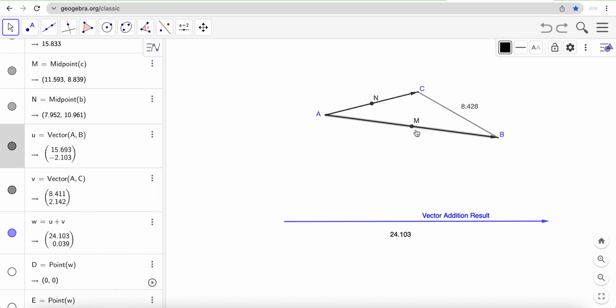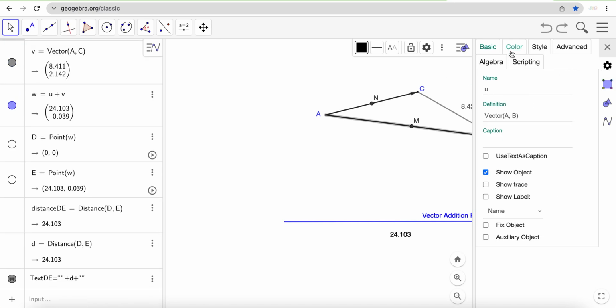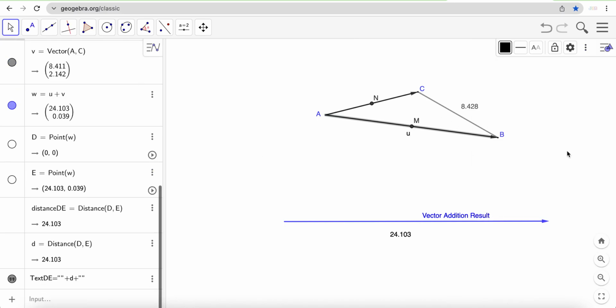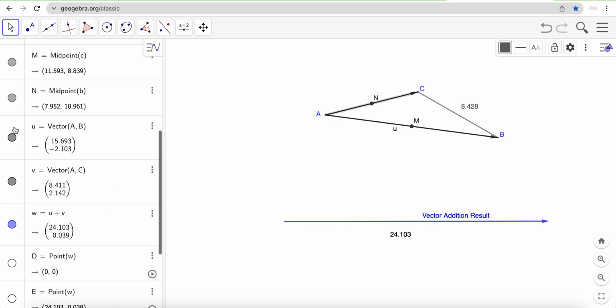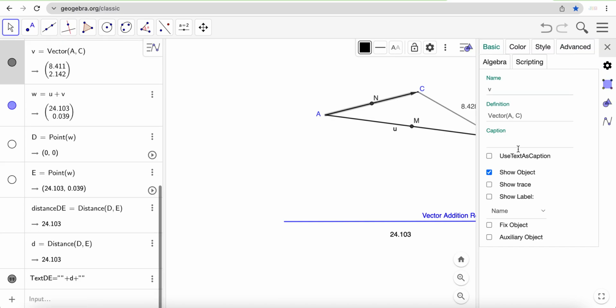Here's vector U. And that's a nice little tip too: if you click and it's not showing what you want it to show, you can just go to that bar over here, show label, show name. So this is vector U with midpoint M, and see how it's not clicking that one. This is vector V, show label, perfect.